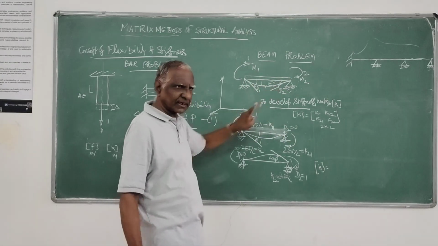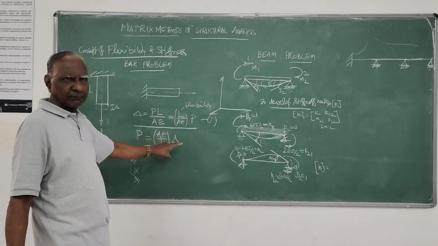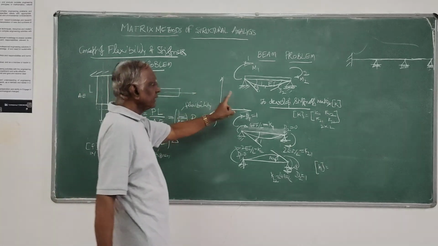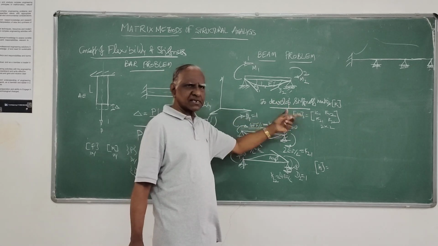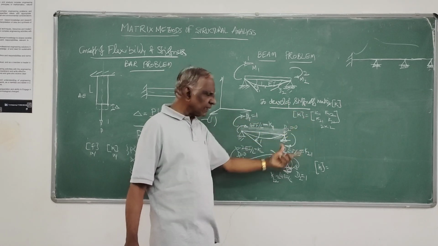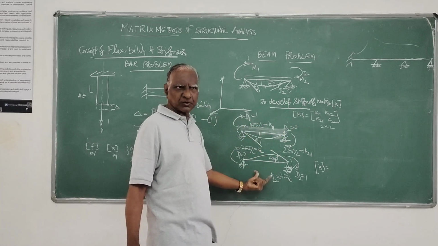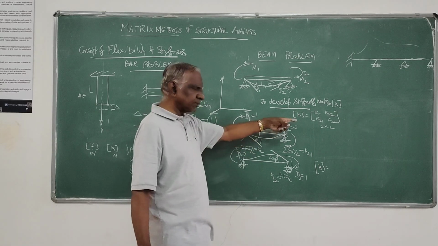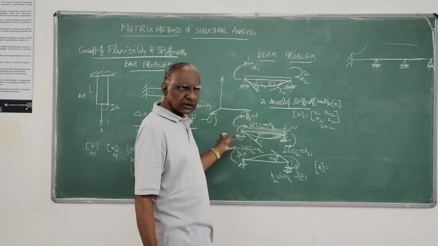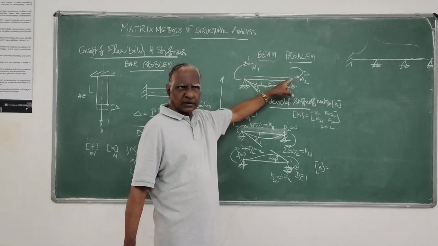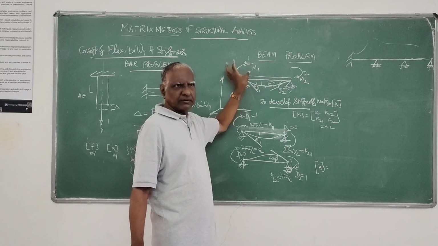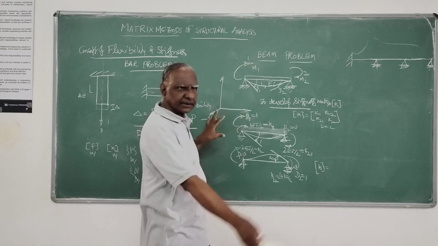Two quantities I have taken. Here I have taken only one force and displacement. Here also two forces I am relating to two displacements by K. How to develop that K? I have explained the procedure here. So always to develop the stiffness matrix, you have to give unit displacement. First you have to select the coordinate. In one direction you have to give unit displacement, restraining the other direction.